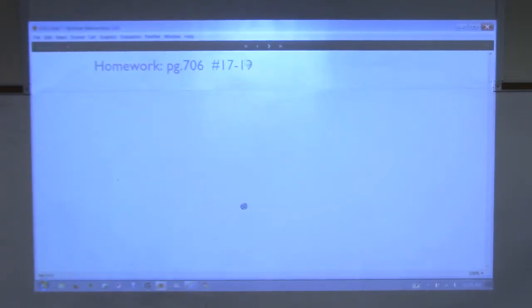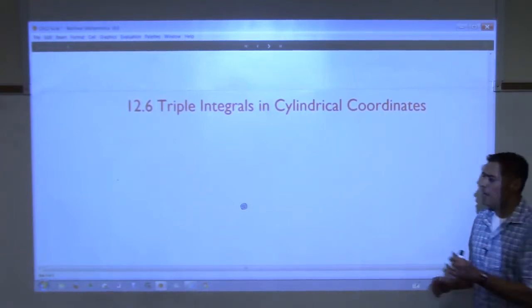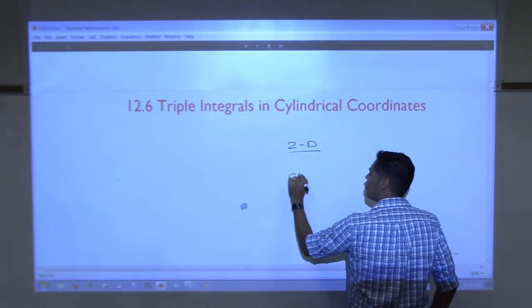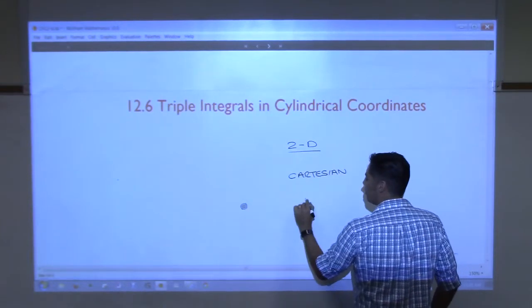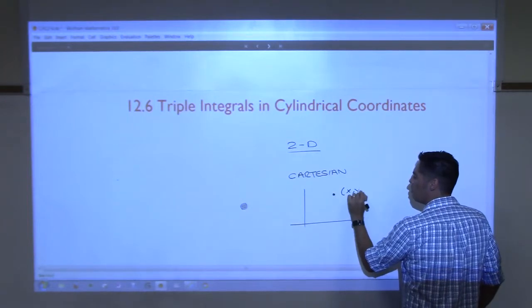12.6. So we talked about two-dimensional space, in 2D, we have Cartesian, which is your traditional setup: you have a point out here, it has an x coordinate and a y coordinate.